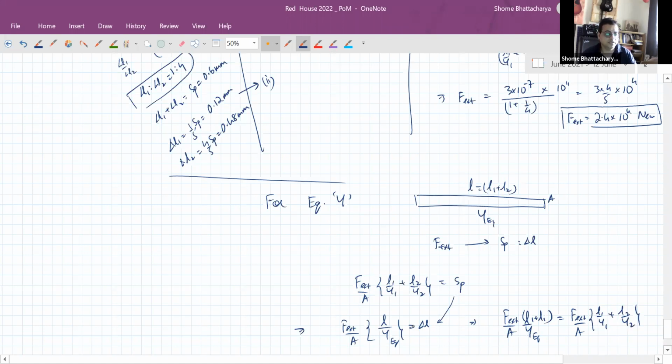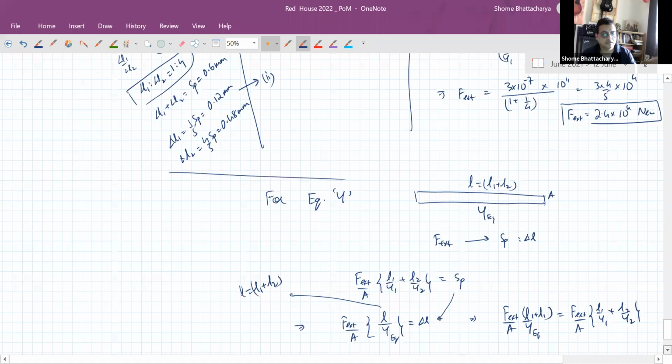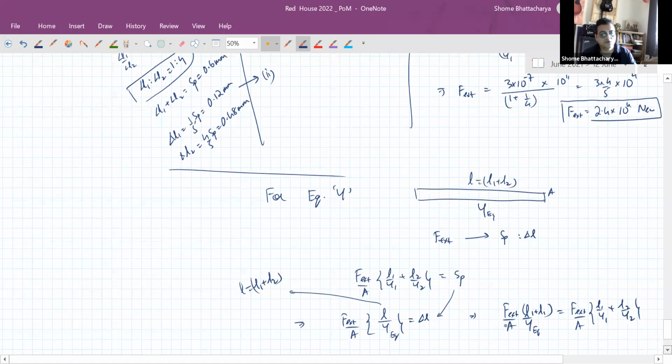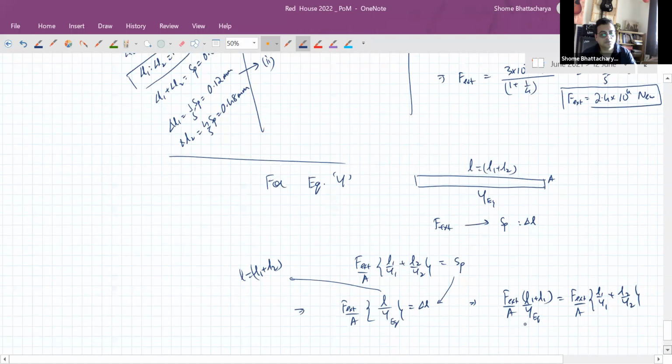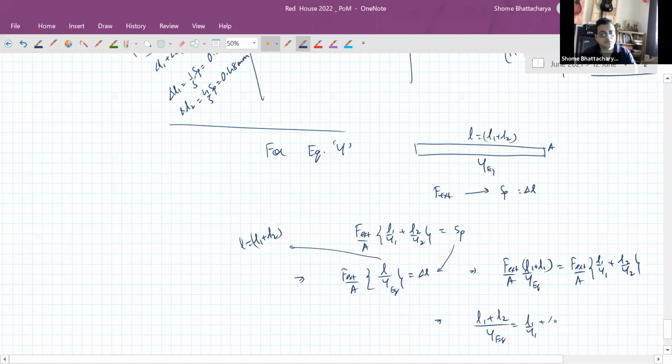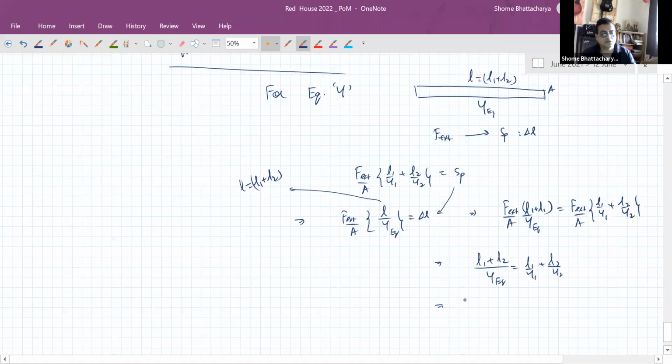So ultimately, what we'll get is that L1 plus L2 upon equivalent Young's modulus should be equal to L1 by Y1 plus L2 by Y2. So the equivalent Young's modulus will become L1 plus L2 upon L1 by Y1 plus L2 by Y2, which you can see has the dimension of Young's modulus.